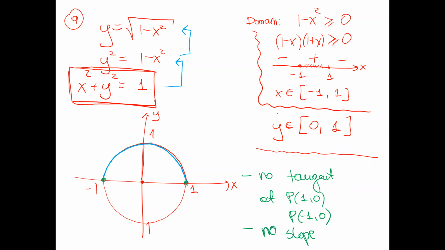That means no slope is actually the general statement. But in our case, it's the same: no tangent, no slope. Vertical tangent, also no slope. Okay, that's the graphs.